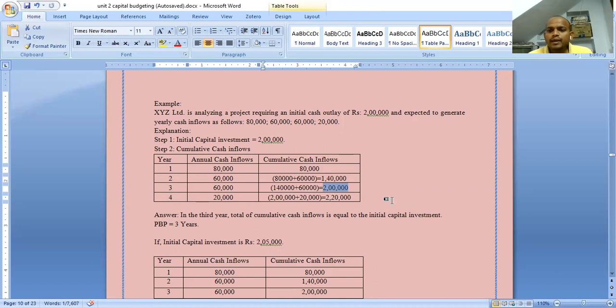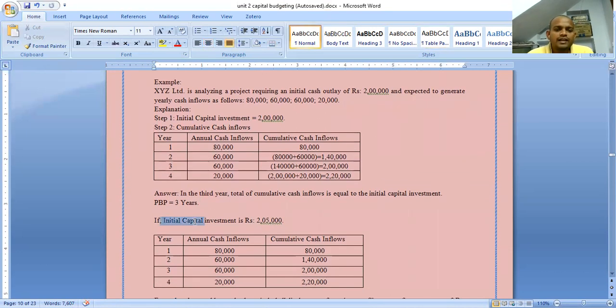So the payback period is 3 years. Within 3 years we can recover our investment. So the payback period is 3 years in this case.